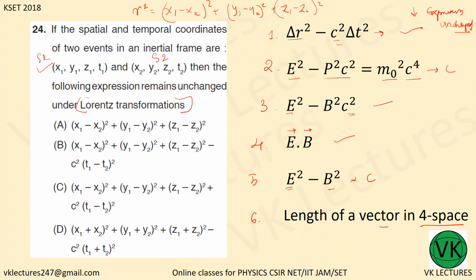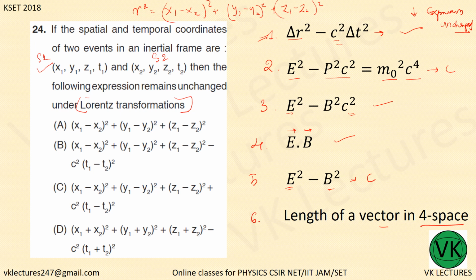So your option is talking about the first expression, which is constant: x1 minus x2 whole square, y1 minus y2 whole square, and here it is minus.